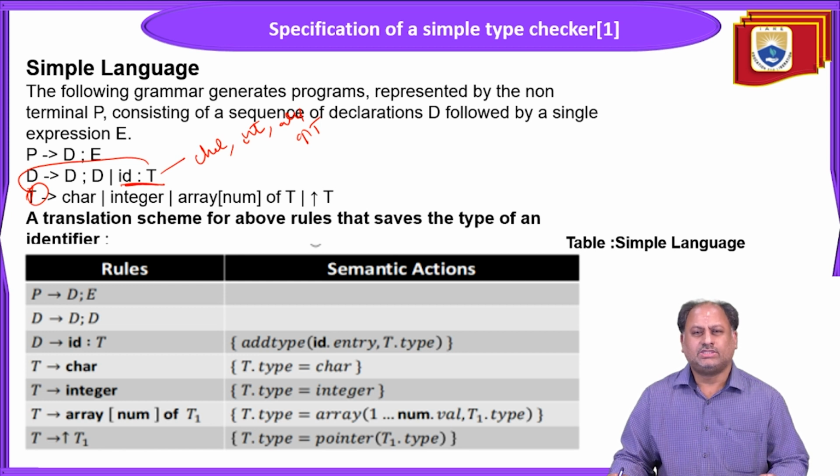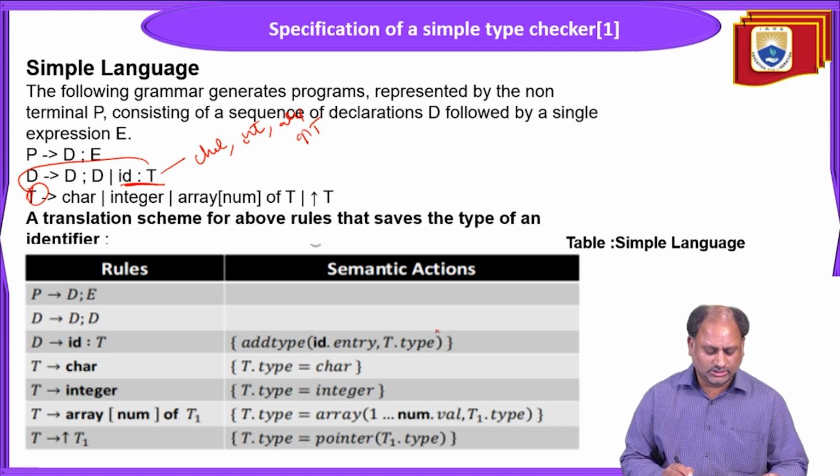This translation scheme can be applied to the above rules, deciding the type based on the type of the identifier. That is defined as semantic actions. In the case of identifier T, what is the type?